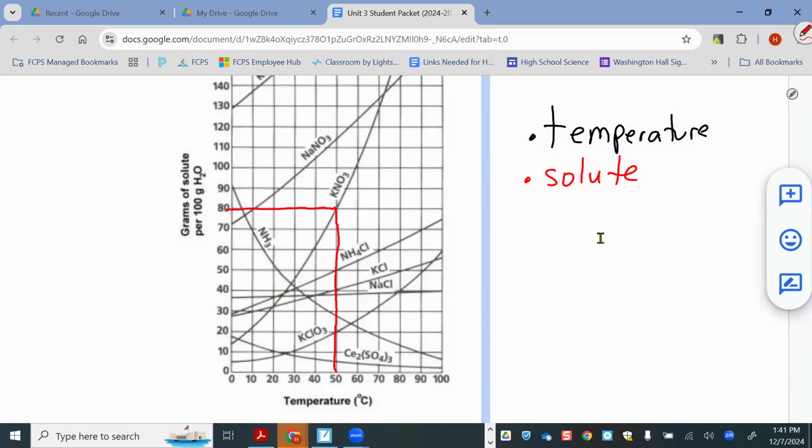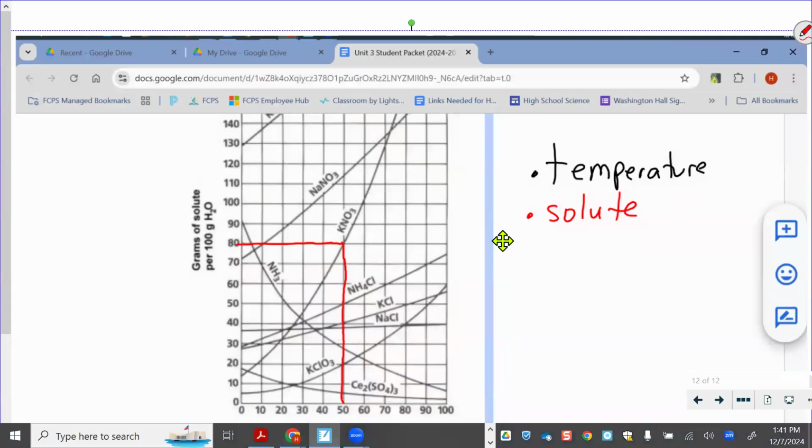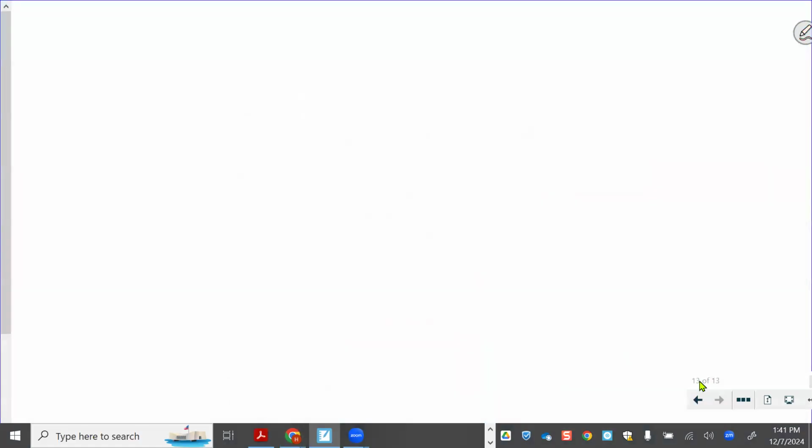I'm going to use that information right now. That's 50 degrees, KNO3.